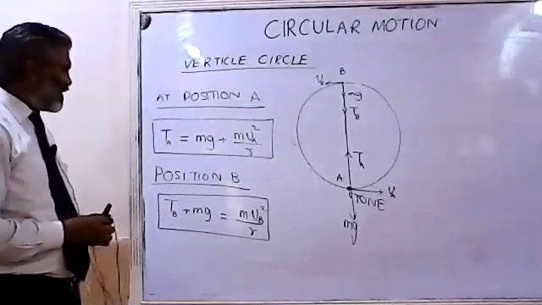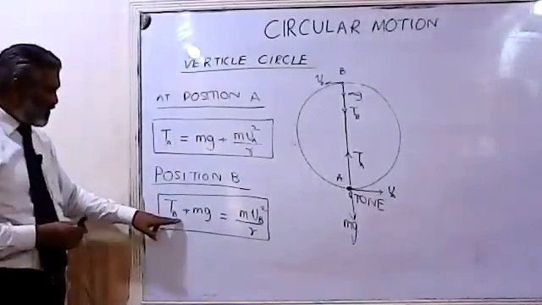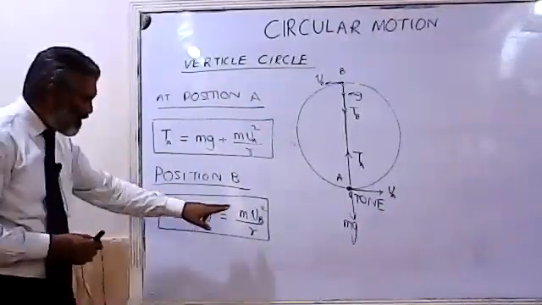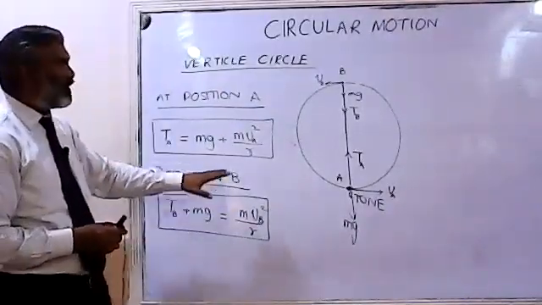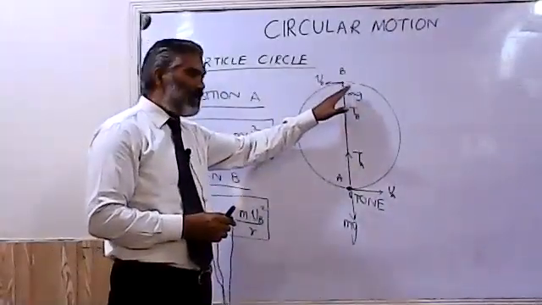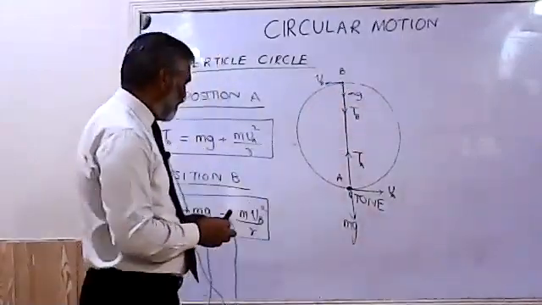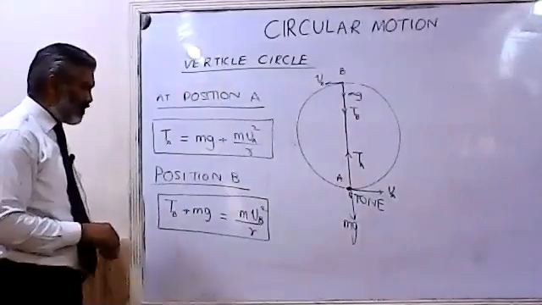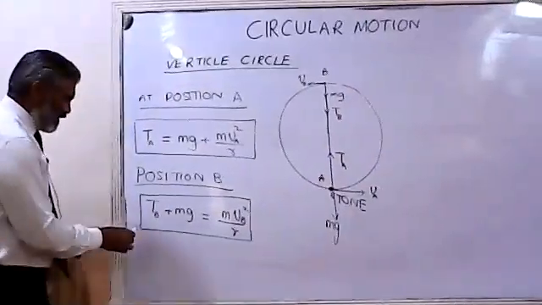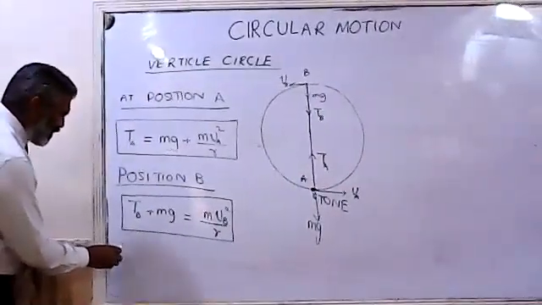In the last lecture, I used this expression to calculate the minimum speed which the object must have at this position in order to complete this circle. And for that, we assumed tension to be 0.